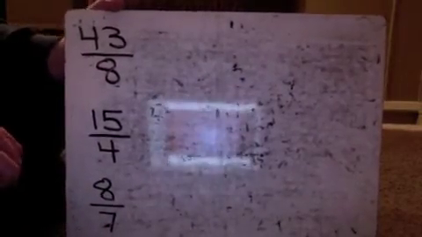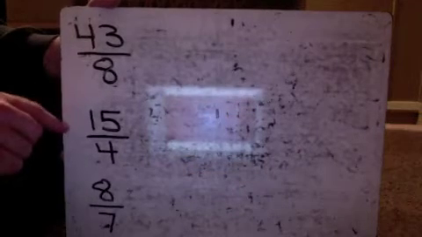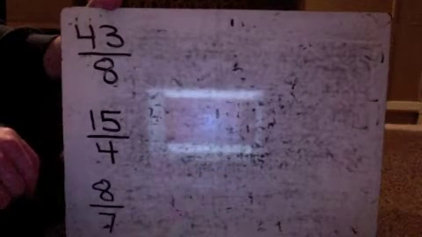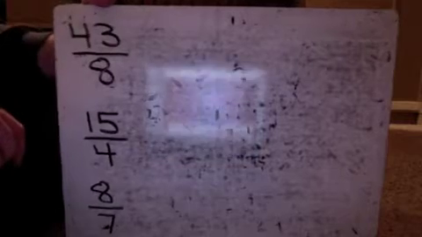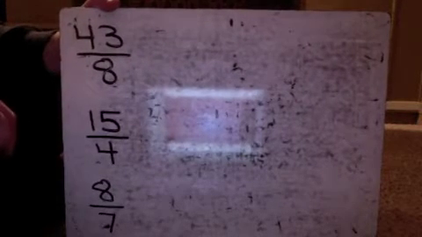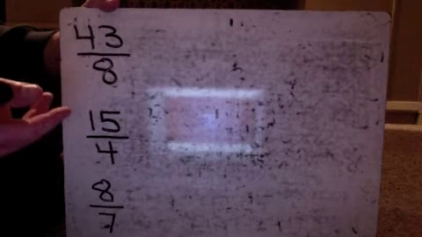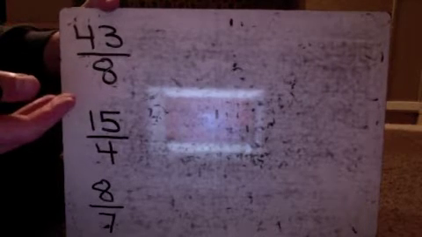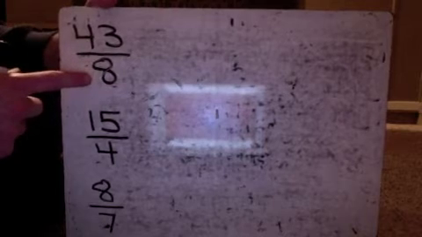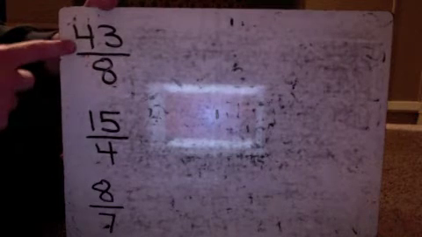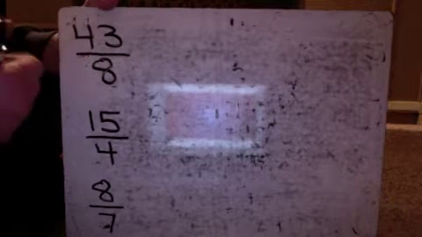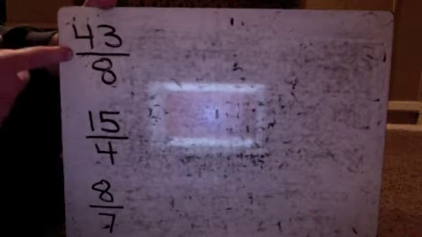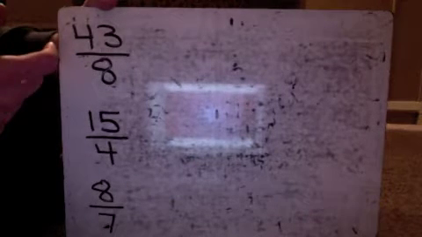Here are three fractions that you can clearly tell are improper fractions. Whenever you have an improper fraction, that's automatically going to mean the percentage is more than 100%. And it should make sense to you by now with all our work and everything that we've done. If your bottom number is 8, if your top number would also be 8, that would be exactly 100%. Anything more than that would have to be more than 100%.